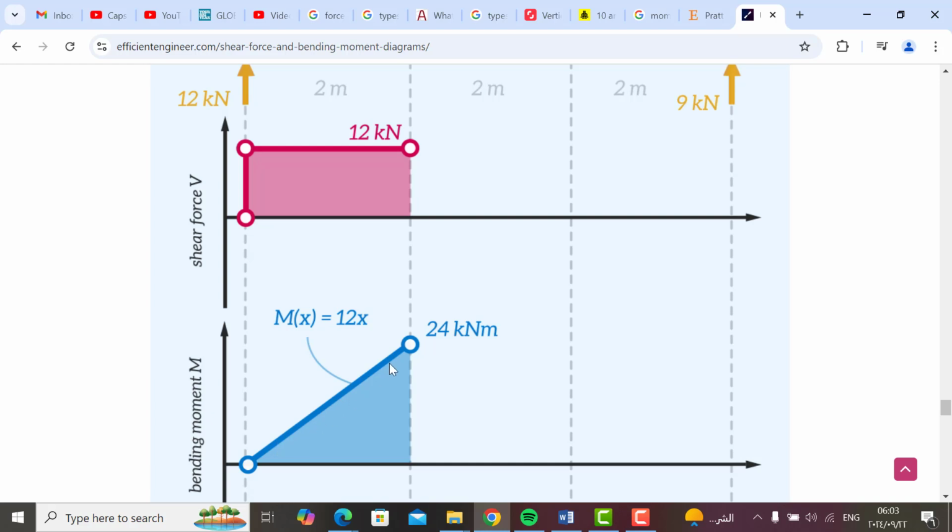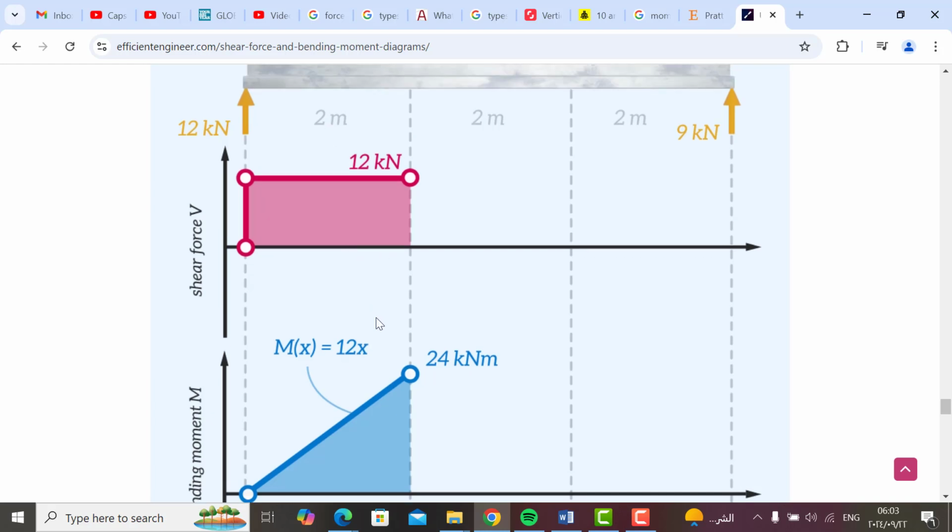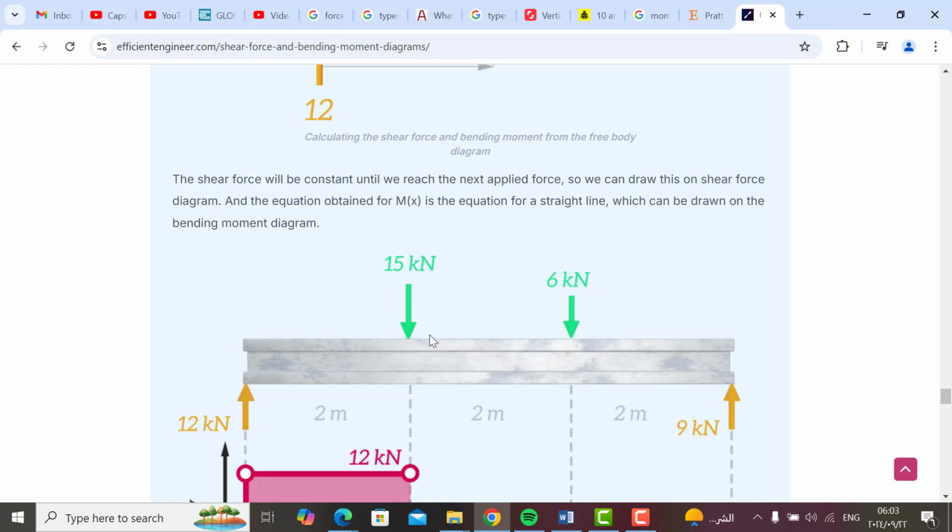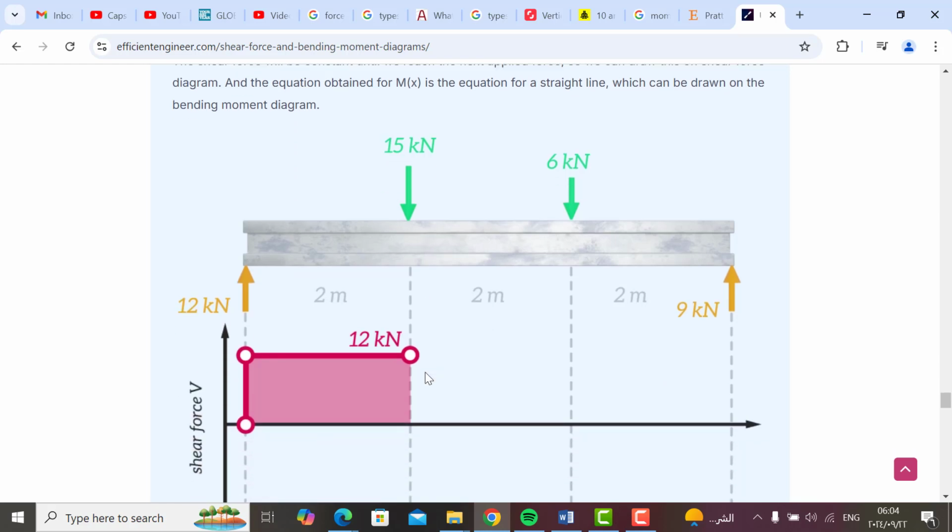because 12 times x, x is 2 here. Okay, then we calculate, we set here after this point. So we have the total force here, it's up 12 and down 15, so we are going down 3 kilonewton.